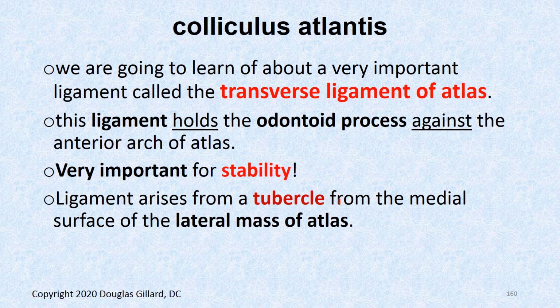Actually, make a note about this slide. Where does it run? I didn't say where it runs. It runs between the lateral masses, so I'm going to add that to the notes. Okay, super important for stability. Oh, there it is. It arises from a tubercle on the medial surface of the lateral mass. So I'll forget that.